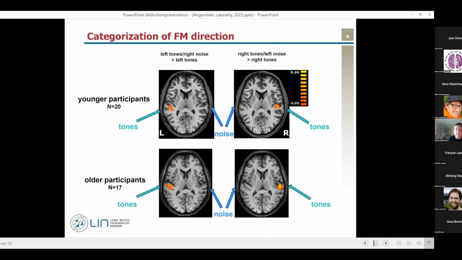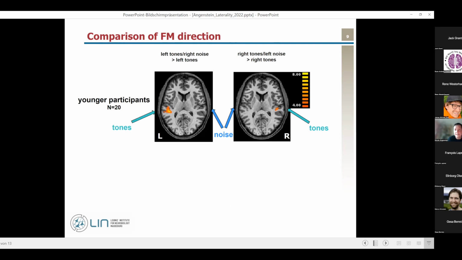But what is interesting is that when you look at the results of the older participants, you can see that the activity increase due to the noise is stronger in the older participants. This means the older participants need more resources in the auditory cortex to solve the task, although the performance was similar between the groups.